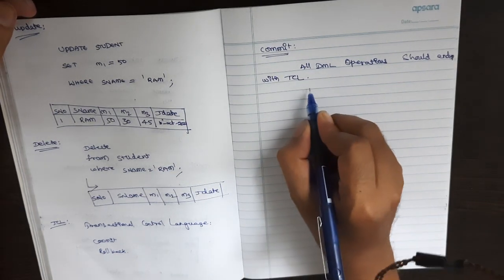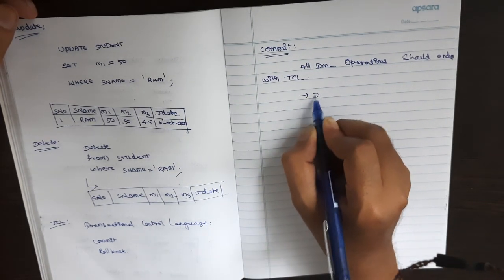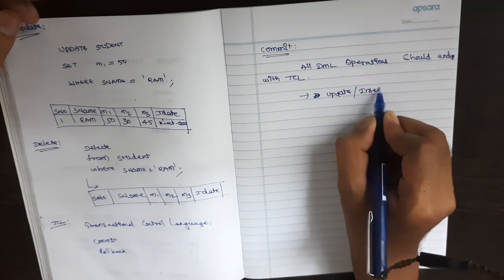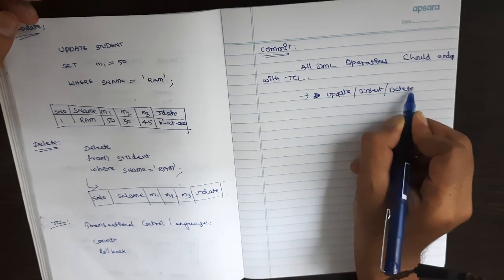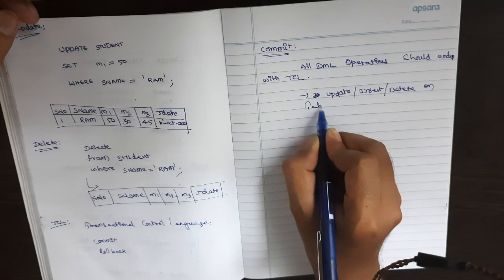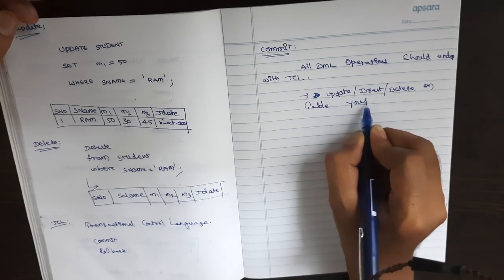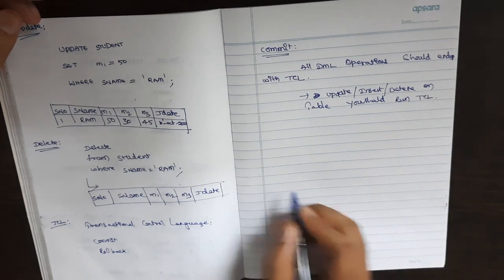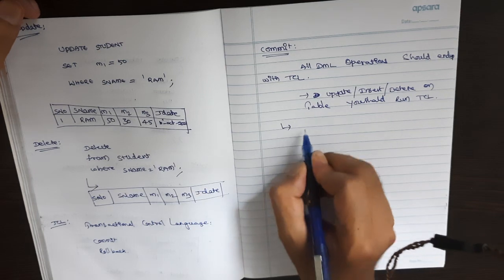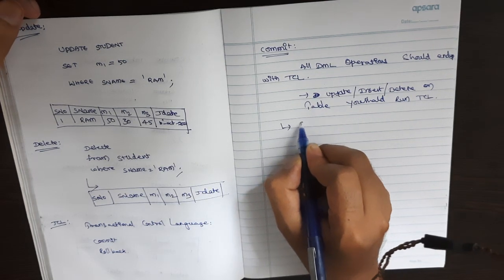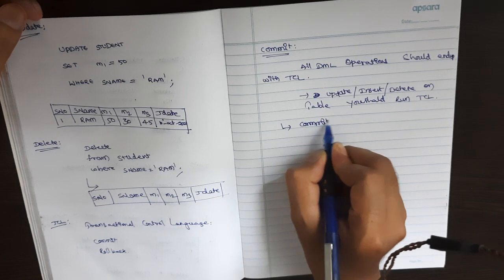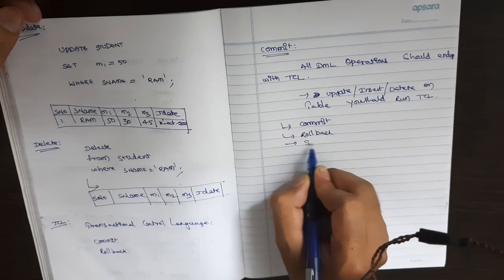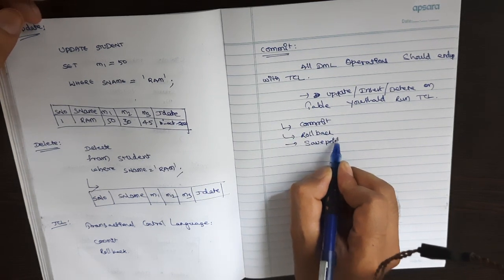Means if you did any update, insert, or delete on a table, you should run a TCL command. What are those TCL commands? The TCL commands are three: commit, rollback, savepoint.